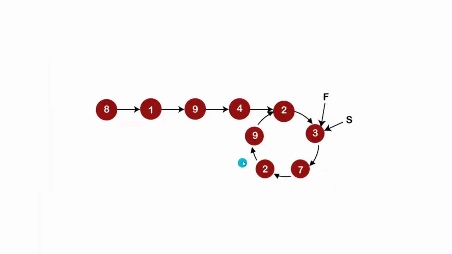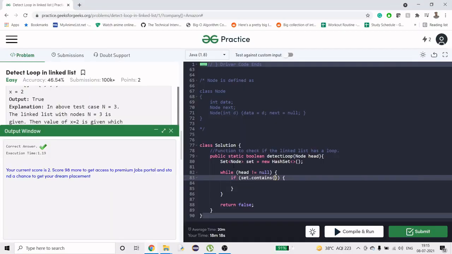But if there are distinct elements, and then you have to check for the equality, in that case you can use a hash set. And then there is one more way, linked list. If you create a linked list here, then you again have to do the same thing. So what we will do is, we will just check for the equality, as in we will do set.contains, and then we will do head.